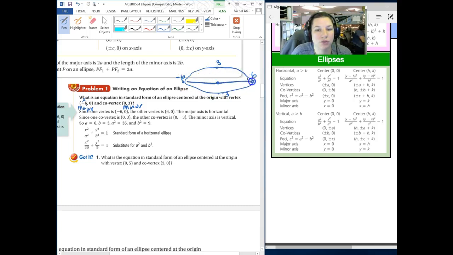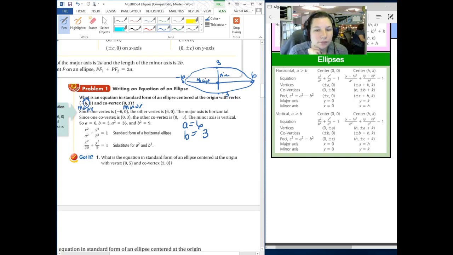This is our major axis, this is our minor, so that means that A is 6. If it's horizontal, the plus or minus A is in the x position, and then your co-vertices are B. So B is 3.